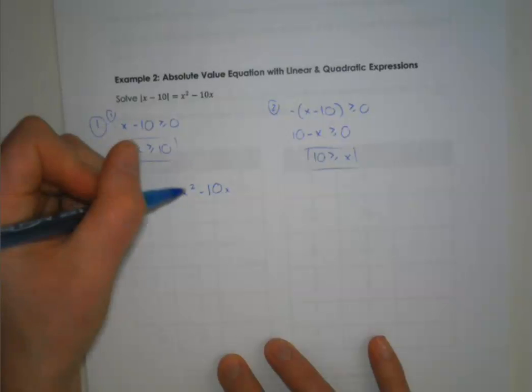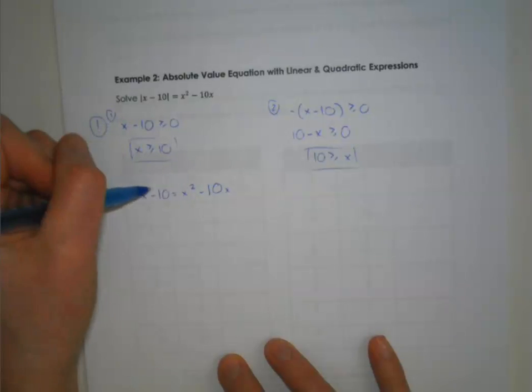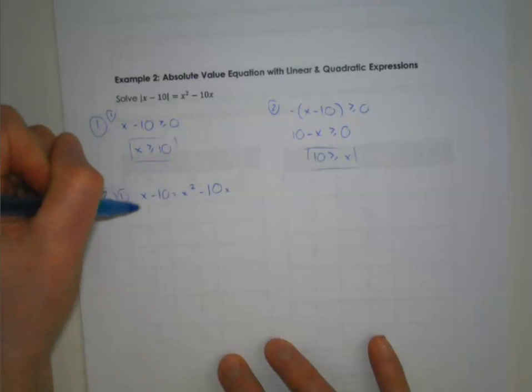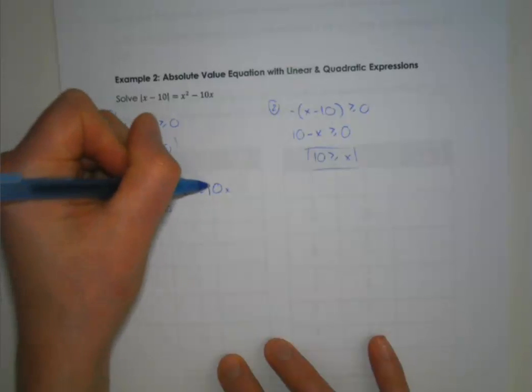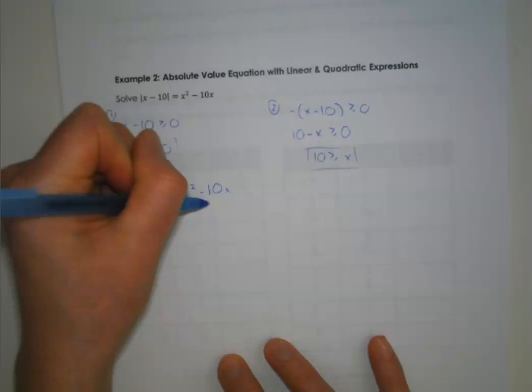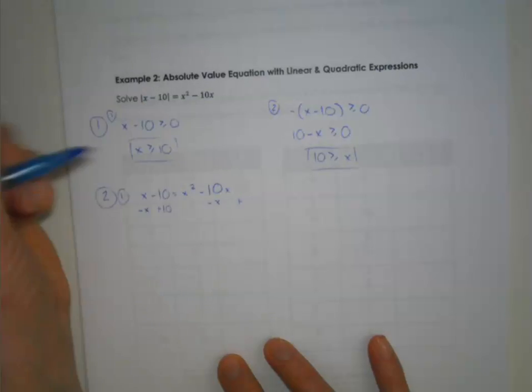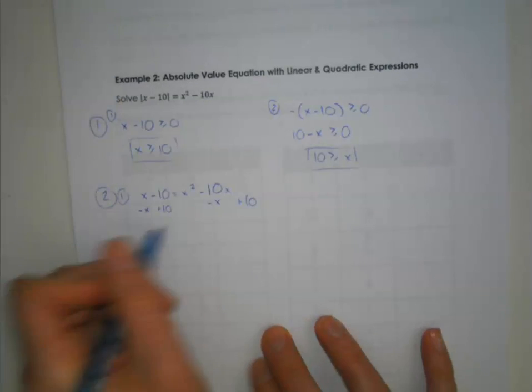So let's keep our x squared positive, and move this expression over to the right side. If we have positive x, we want to subtract it. If we have negative 10, we want to add it. So we'll have negative 10x minus x, and then plus 10 on the other side.